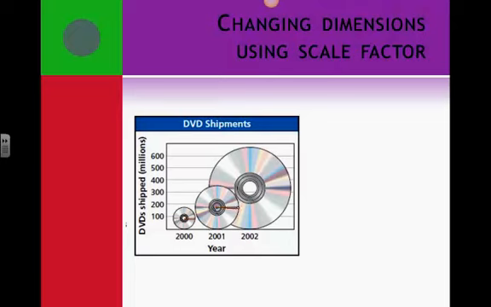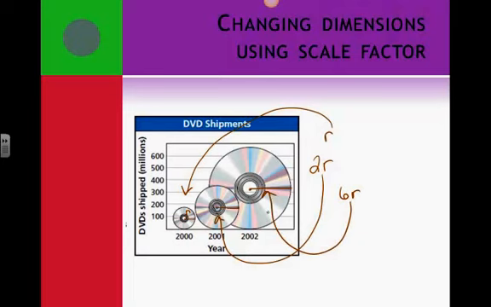Let's call the radius R. Then we double it, so 2R is the radius of this circle. Or we multiply it by, let's say, 6, so 6R would be the radius of this CD.